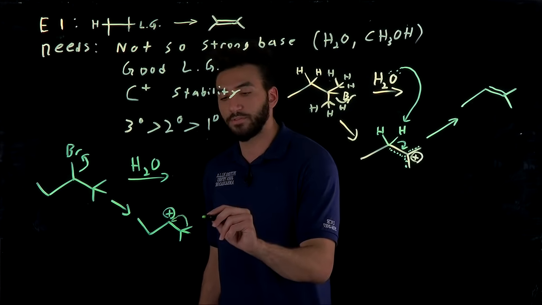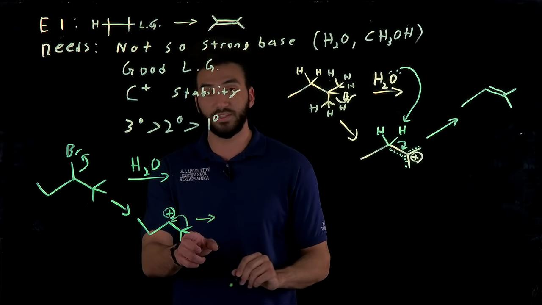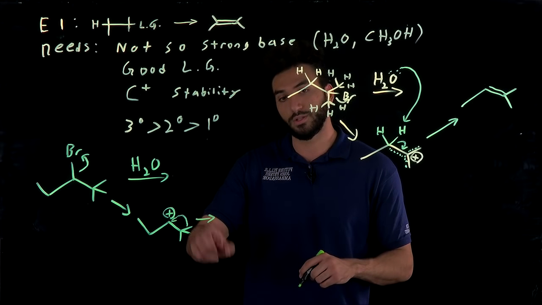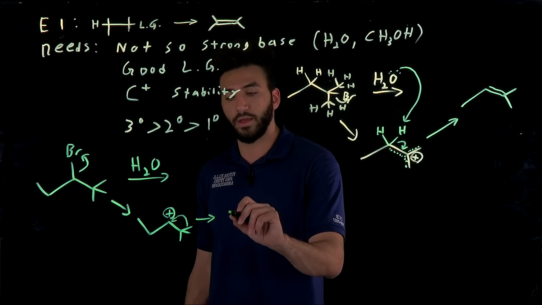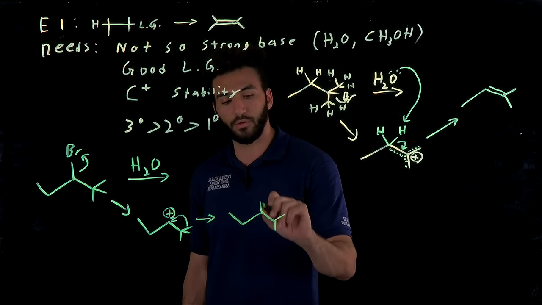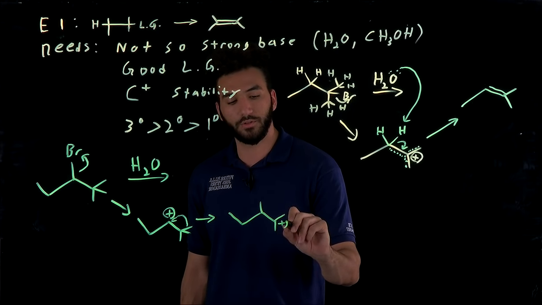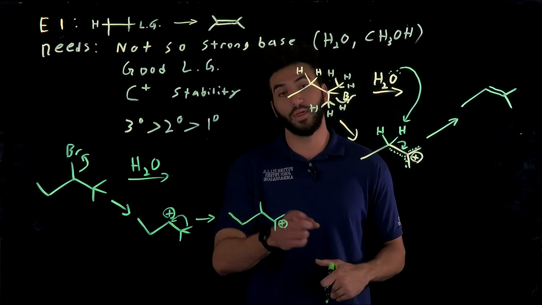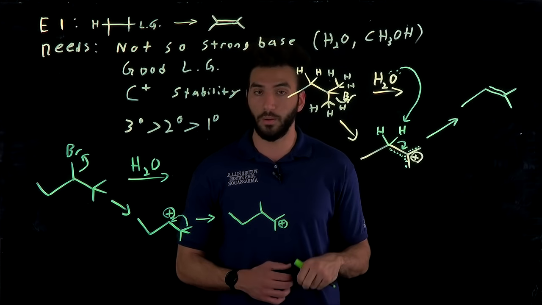Okay? This shifts our positive charge to this side, so that way it goes from being a secondary carbocation to a tertiary carbocation. So what does that look like? Two methyl groups there, positive charge right there. So that's our methyl shift that happens so that we can have a more favorable carbocation, right?